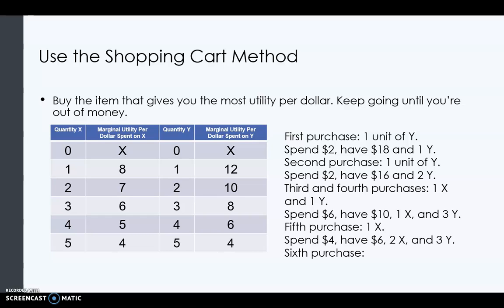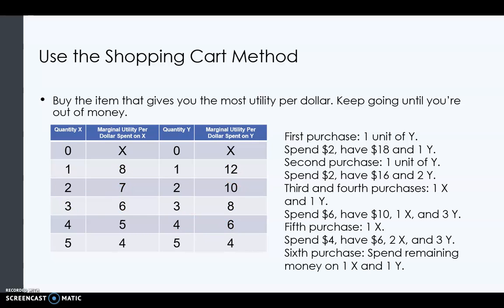Sixth purchase. We have $6. Okay. We could buy either because we've spent all but $6. We have 2 x's, 3 y's, and then our fourth unit of y gives us 6 utils per dollar. Our third unit of x gives us 6 utils per dollar.